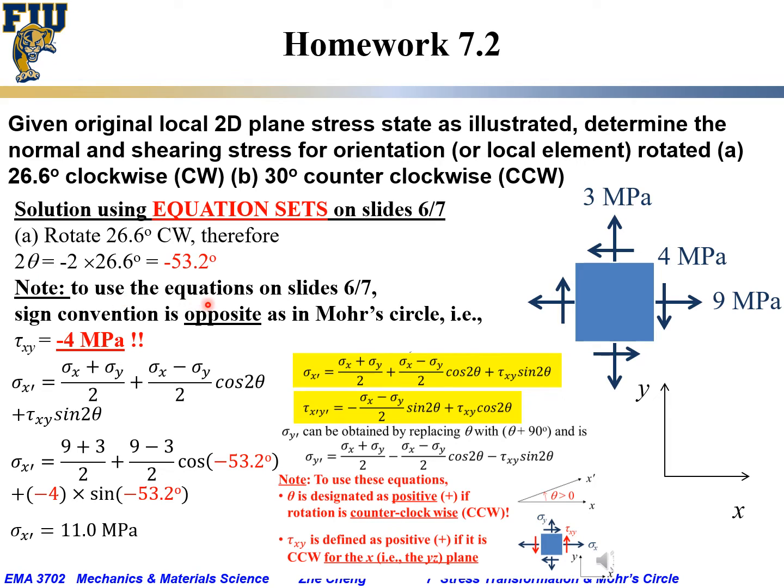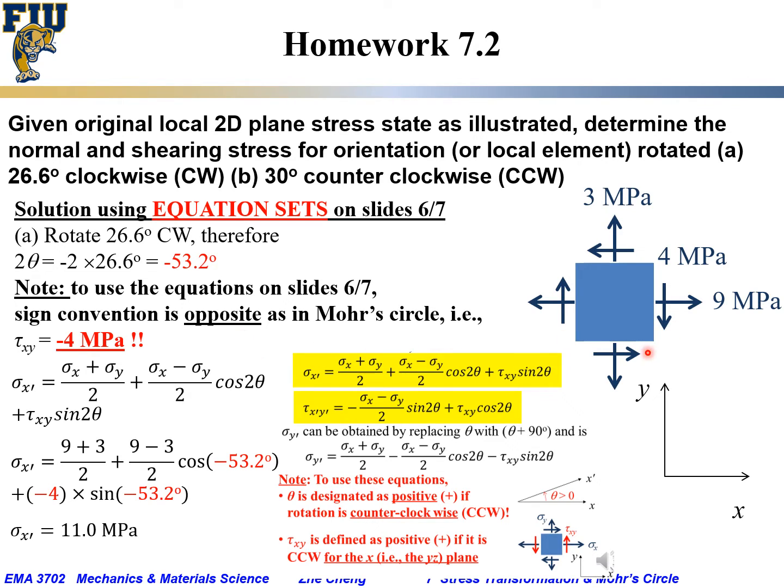Similarly, to use the equation set, the sign convention for the shearing stress is also opposite to Mohr circle. Okay. For this shearing stress of 4 megapascal, if we are going to use Mohr circle, we call this part positive because it's trying to rotate clockwise. But if we're going to use the equation set, remember we said it's opposite. If it goes up, we call it positive.